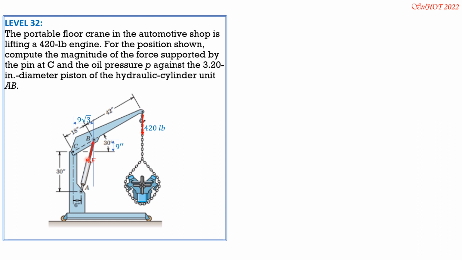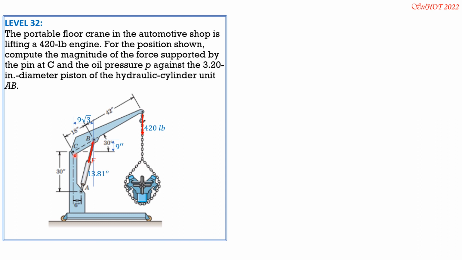So the angle that F makes with the vertical is inverse tangent of 9 square root of 3 over 6. Use your calculator there. Inverse tangent of, in the numerator, 9 square root of 3, minus 6, in the denominator, 30 plus 9, or 39. So that's 13.81 degrees.